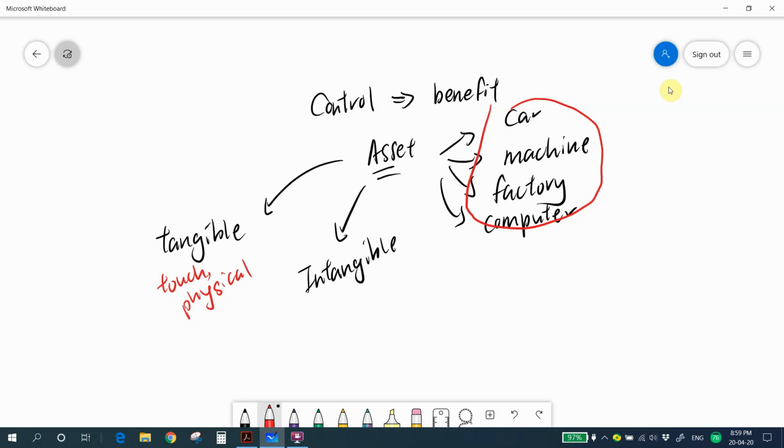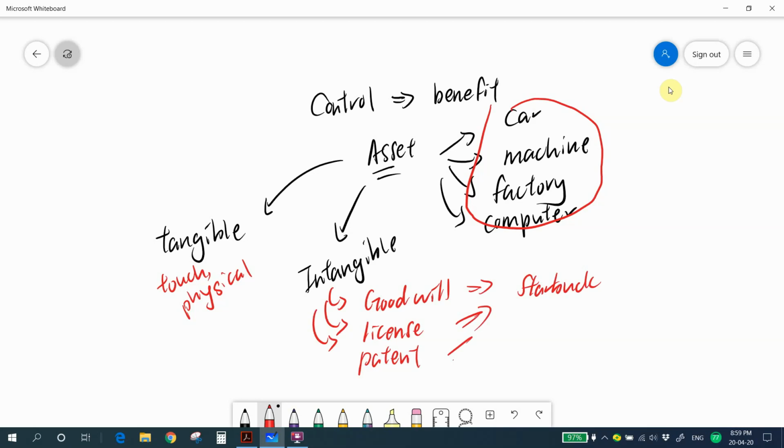Intangible asset is such as goodwill, license fee, and patent. For example, Starbucks has goodwill, license, and patent, and the brand name. So those are considered as intangible asset.